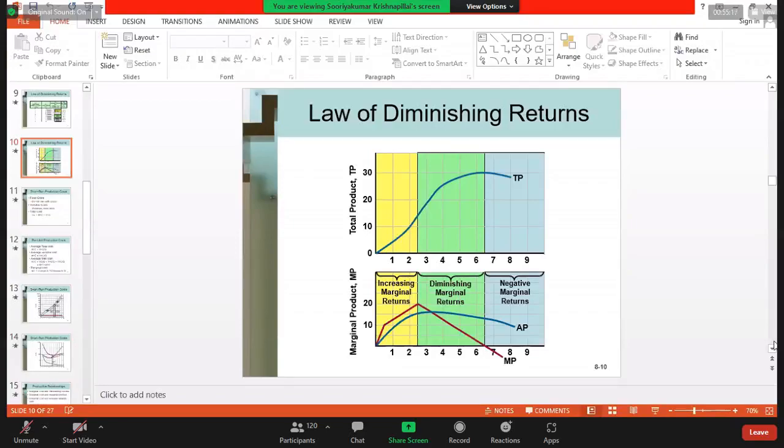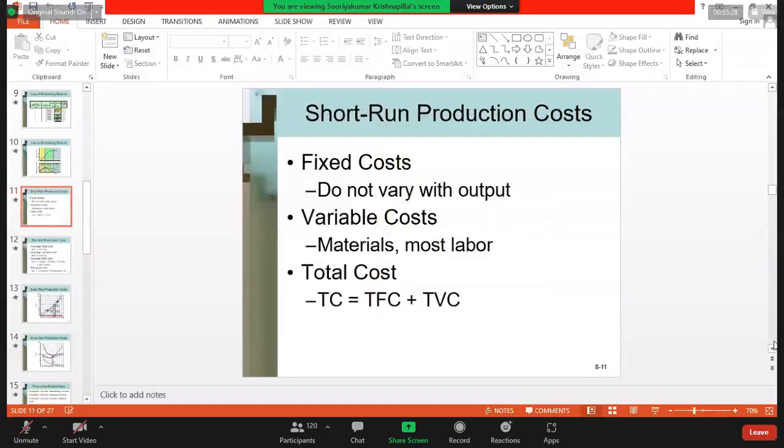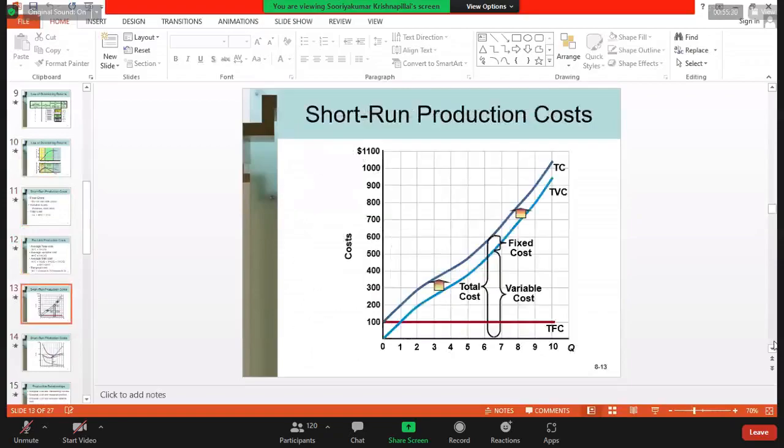But when the marginal cost is above the average cost, then your average cost increases. So it is simply mathematics. That is the relationship. So marginal cost or marginal product should intersect at the minimum if it is cost, and at the maximum if it is production.